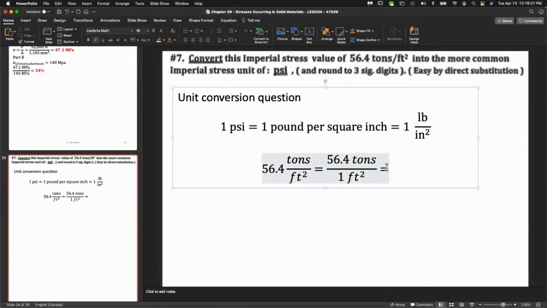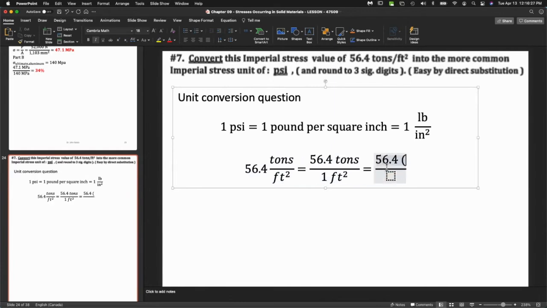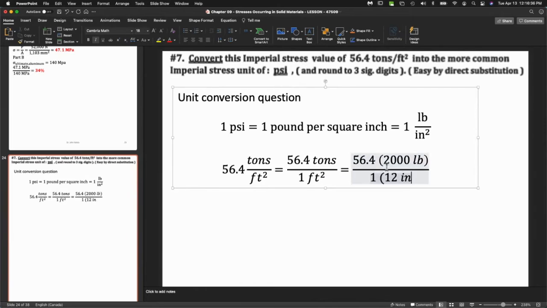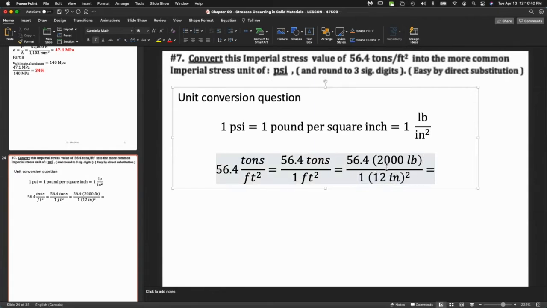And when the author says direct substitution, they literally mean substitute the unit for something else. So here you could do a ton is worth 2,000 pounds. By the way, you should know that for your test. And also a foot is 12 inches, which I'm sure I've seen enough times on my assignments. So there you go. That's the answer, okay?